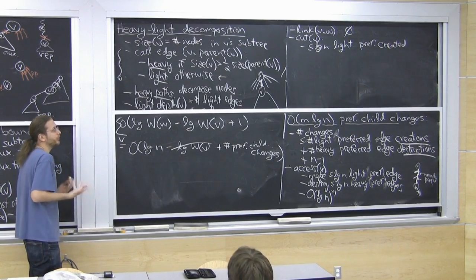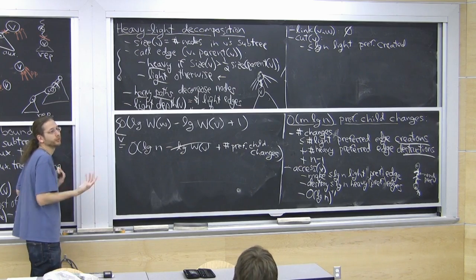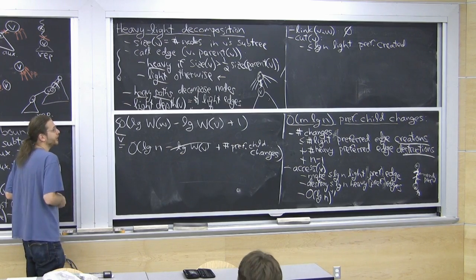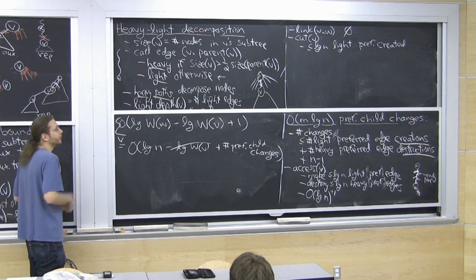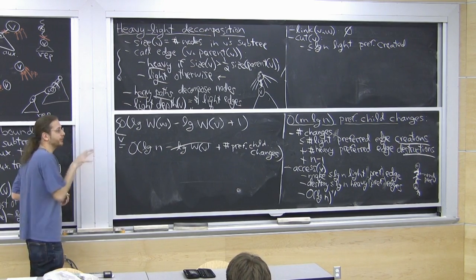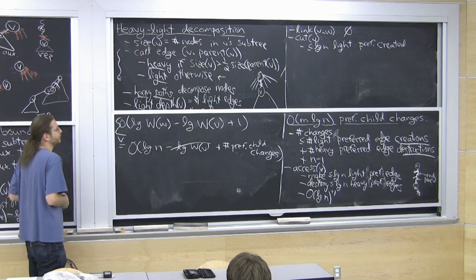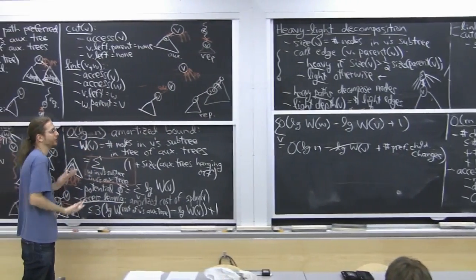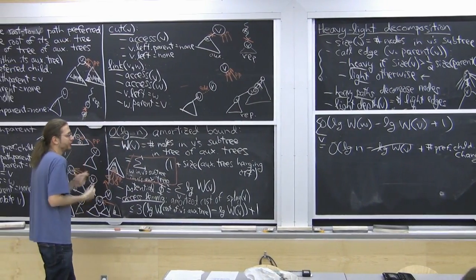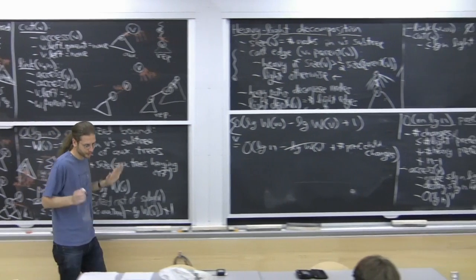So you try to put all the heavy things near the root, because they're more likely to be accessed. And then you guarantee that the overall tree of ox trees has log n depth by skewing each of the ox trees to match. So it can be done, but all the operations are messier because you no longer have the convenience of preferred paths to make it easy to link and cut things. That's it.